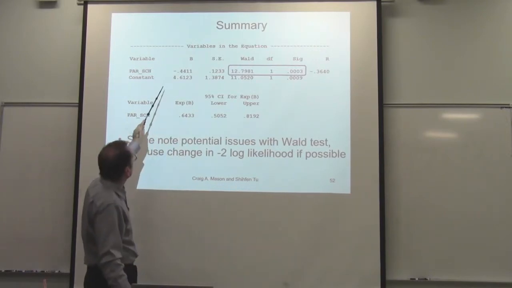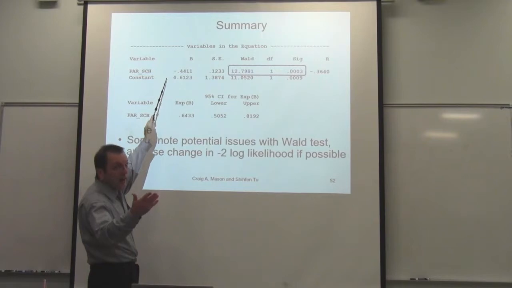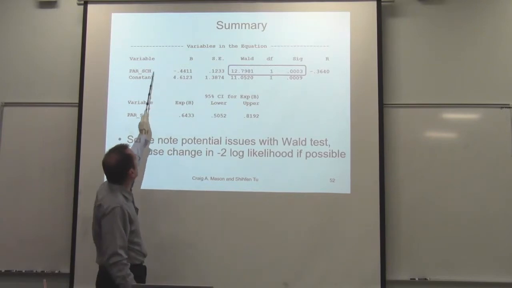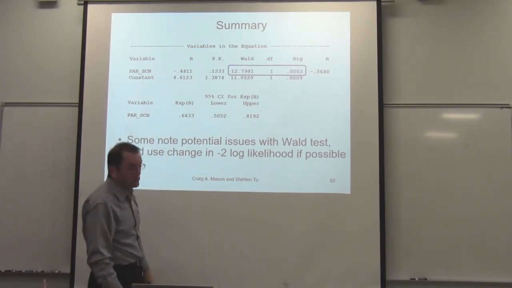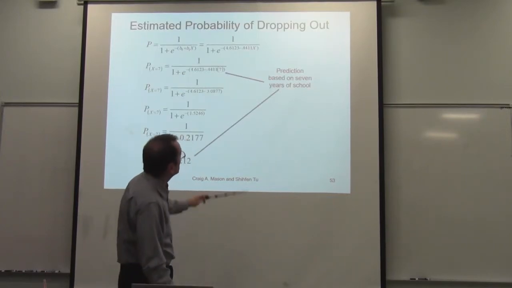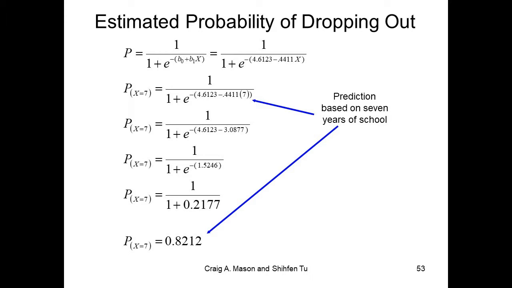So we've got the regression equation, right? The log odds is equal to 4.6123 minus 0.4411 times parent schooling. We can convert those back to probabilities with that formula we looked at earlier.